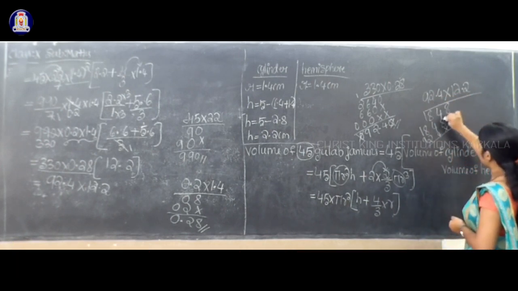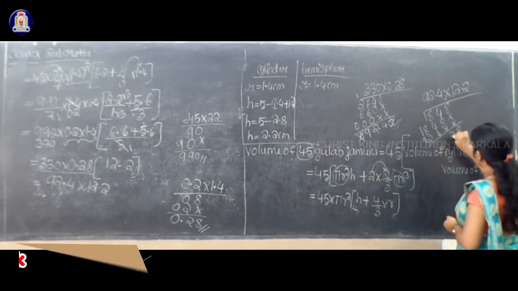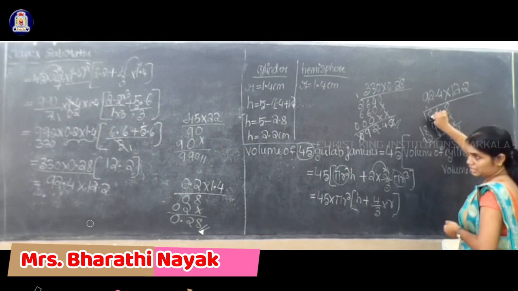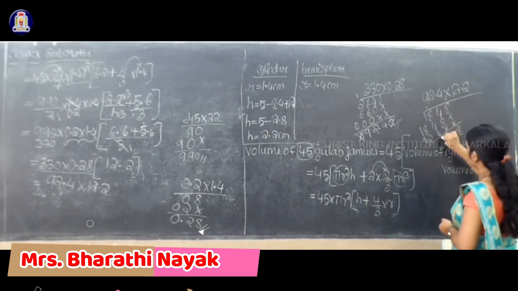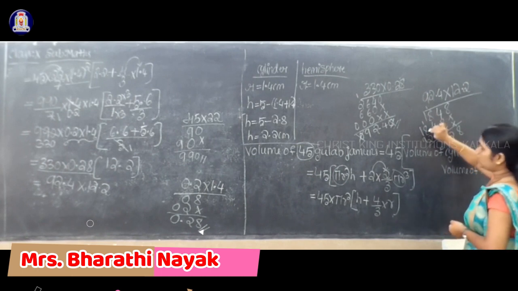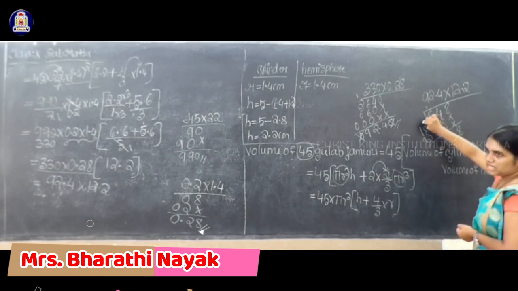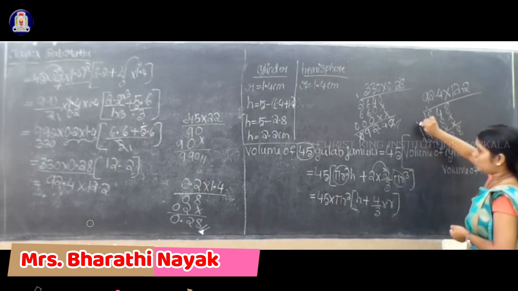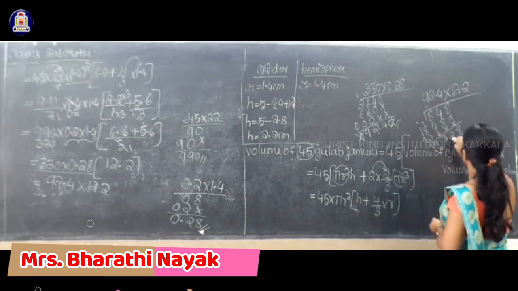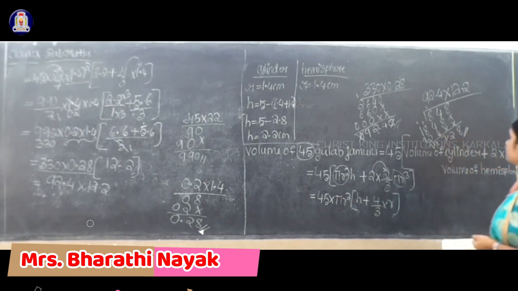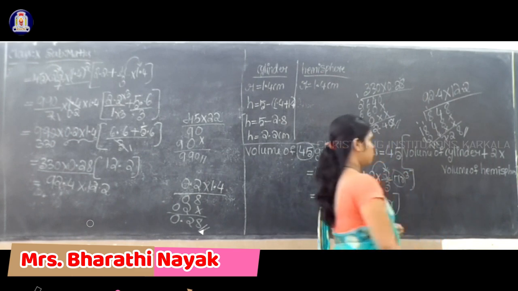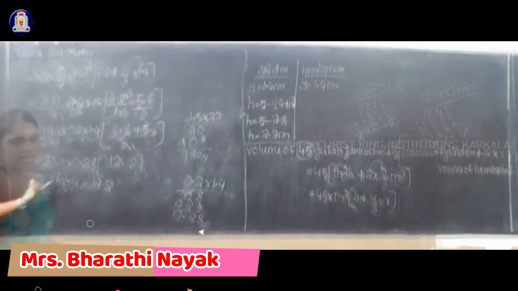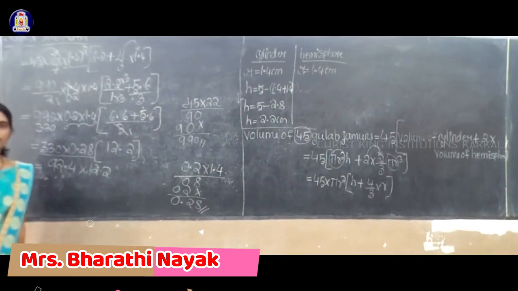So 8, 4 plus 8 equal to how much? 12. 1 carry, 4 plus 4 8, 8 plus 8 16, 16 plus 1 how much? 17. 1 carry, 8 plus 2 10, 10 plus 1 11, 1 carry, 9 plus 1 10, 10 plus 1 11.